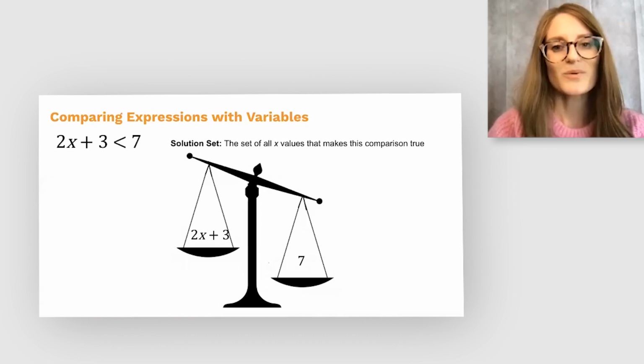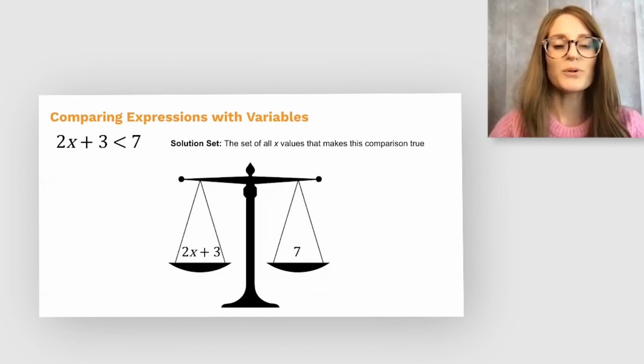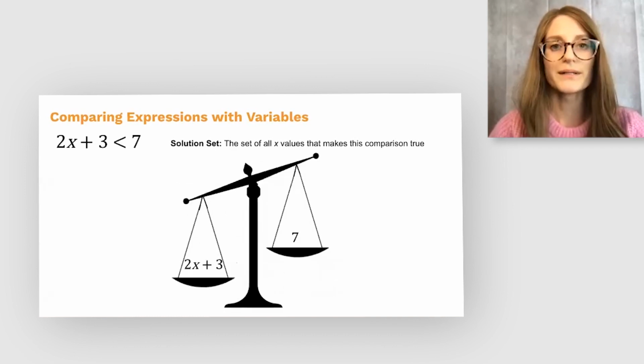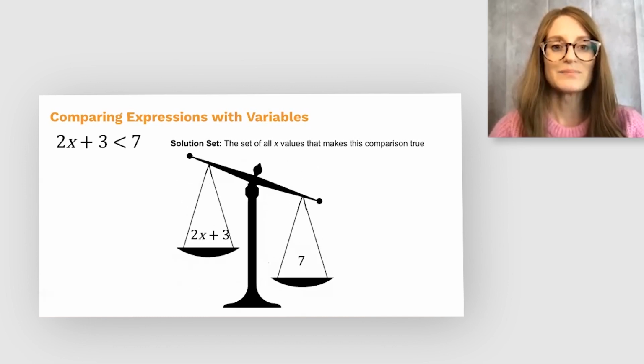When I look at 2x plus 3, I see that increasing the value of x will increase the value of 2x, and adding 3 just increases that more. As I increase x, I can picture the left side of the scale getting heavier and heavier and getting pulled down more and more. But as I decrease x, the value of 2x plus 3 decreases. So I can picture the left side of my scale rising as it gets lighter and lighter.